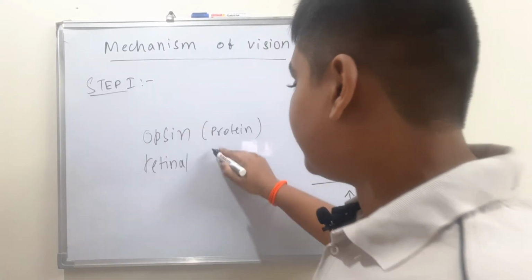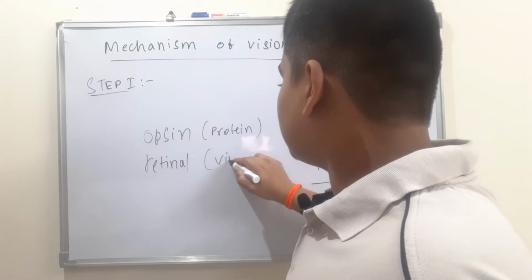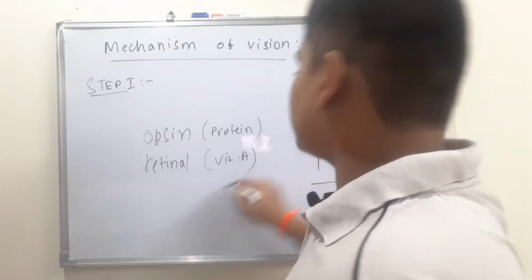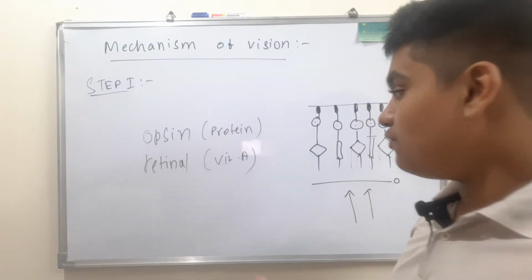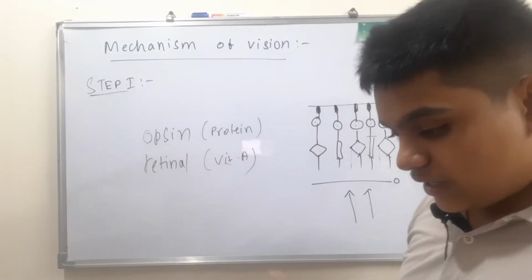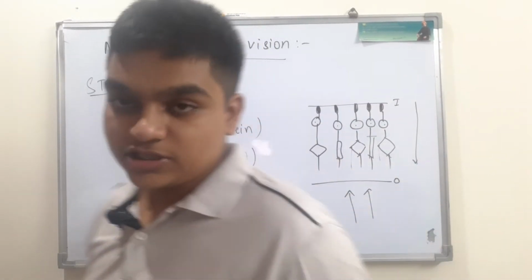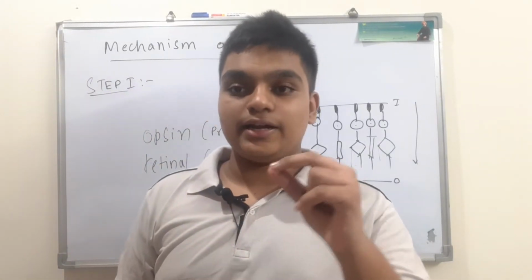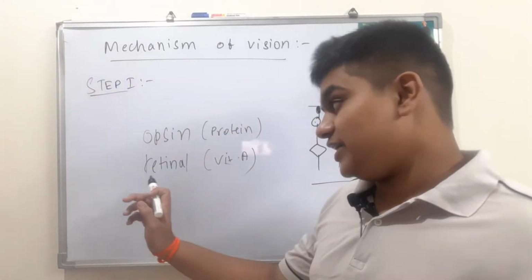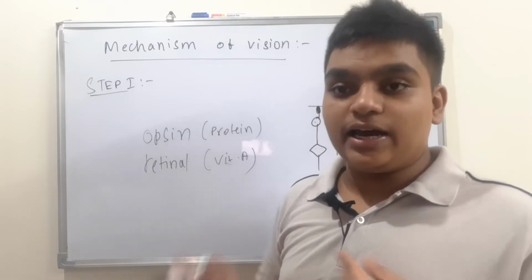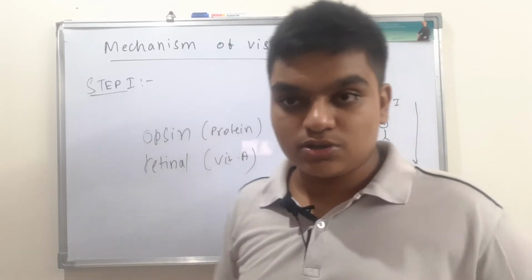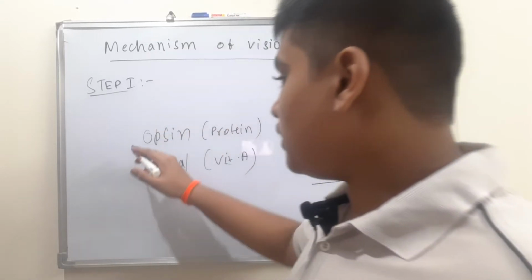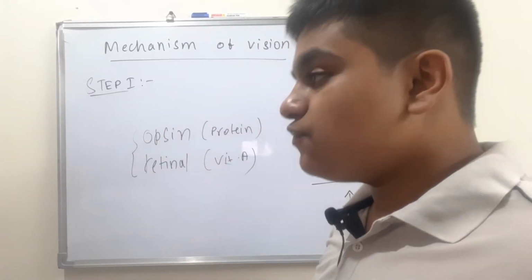Retinal is an aldehyde of vitamin A. So in our eye, vitamin A is present as an aldehyde in the form of retinal, or retinaldehyde, and opsin is a protein. These two are photopigments.